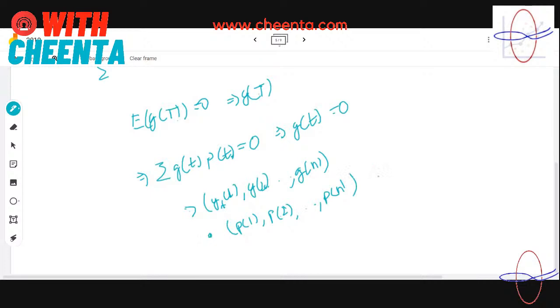If you do this and get 0, it means that g is perpendicular to this one.